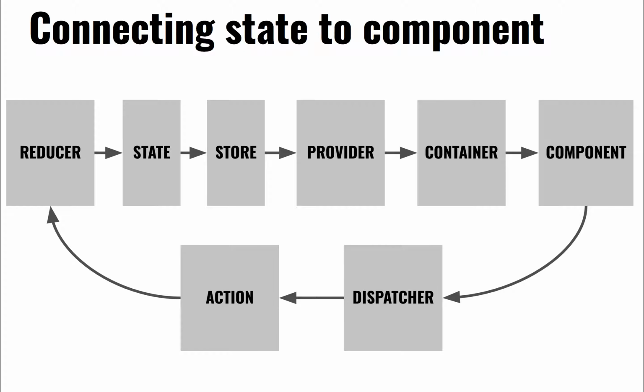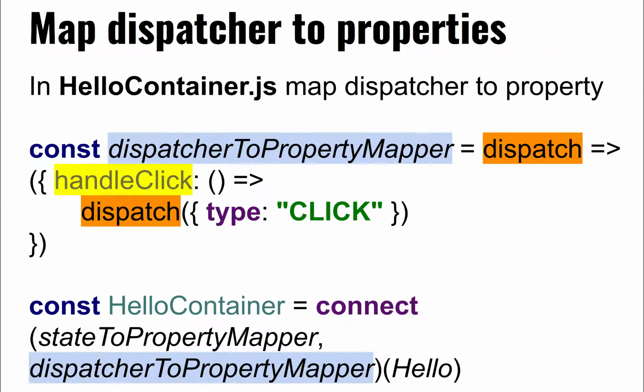Just like the container has a state to property mapper, we're going to have a dispatcher to property mapper that maps the events, the functions, to dispatchers that are going to generate these actions. So let's do that.